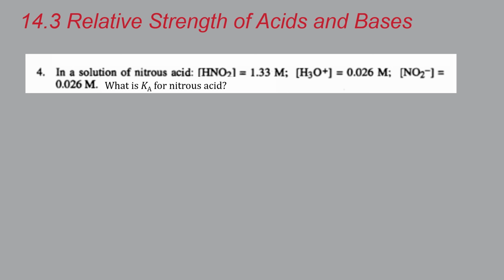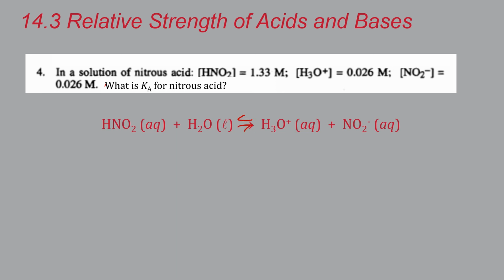Well, this is about as simple plug and chug as you can get. I would recommend when you're working problems like this, until you become very, very familiar with it, that you write down the actual reaction or even the equilibrium that you're working with.